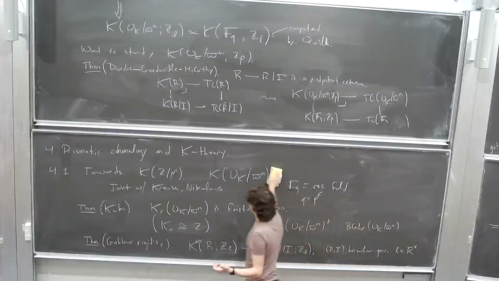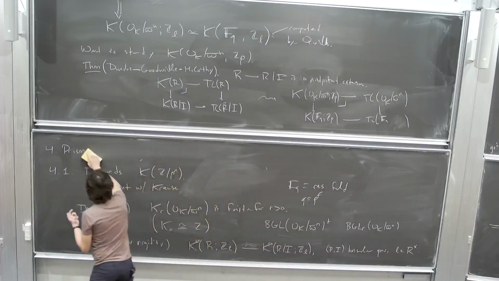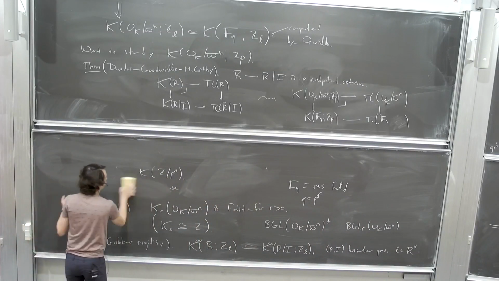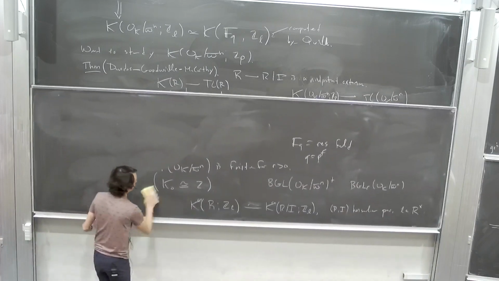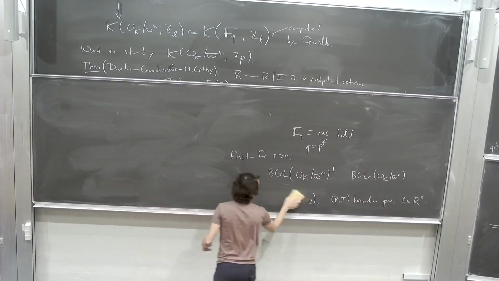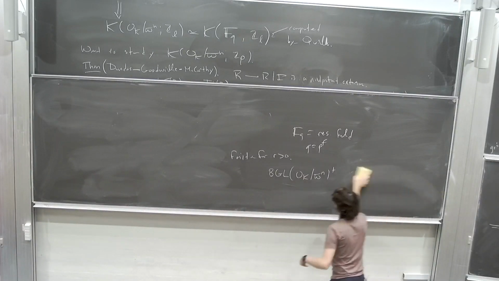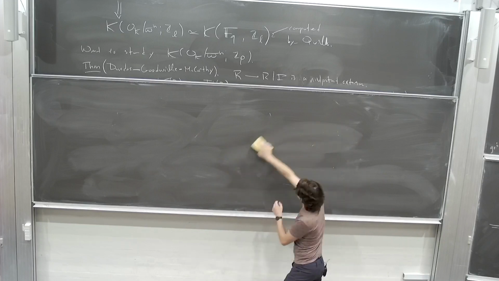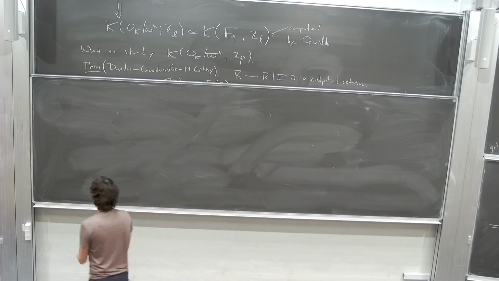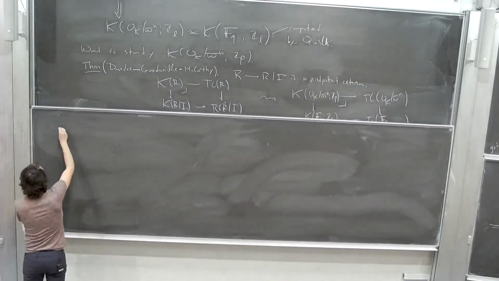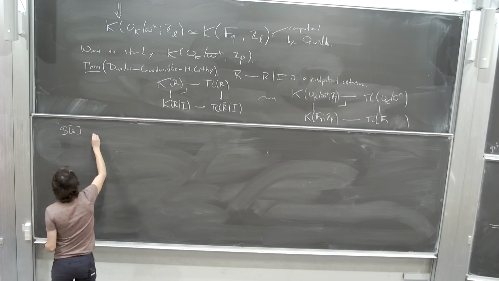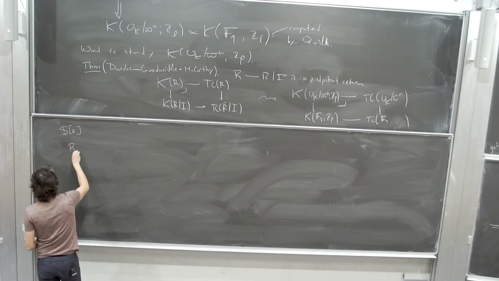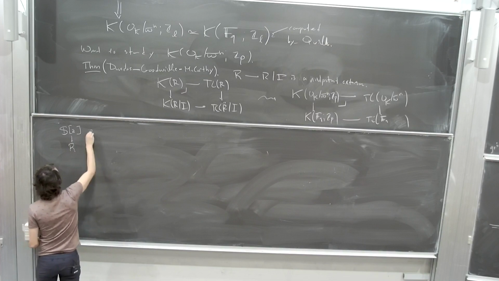Here's maybe just a little taste, and we'll come back to this, for why you might think that such a thing should exist. Well, let's return to this object, the sphere spectrum adjoin z, and let's look at a discrete commutative ring R with a map like this. So z maps to some element pi.